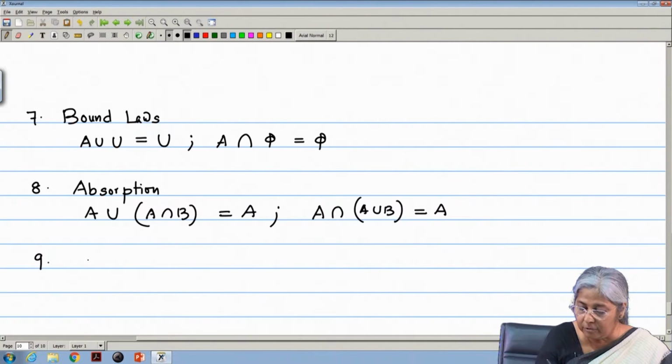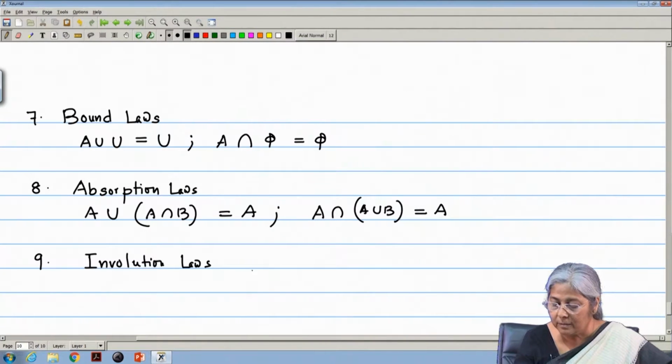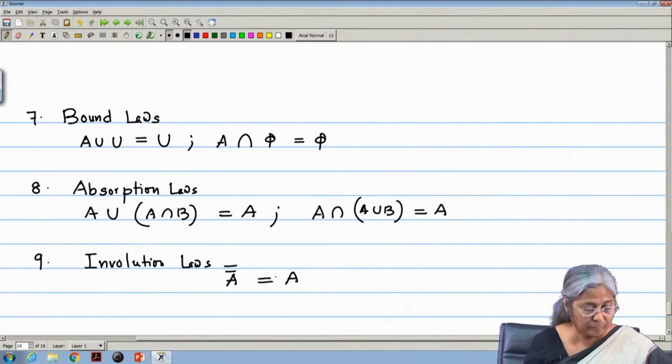Now, involution. If we take the double negation or complement of a set, that means the complement of the complement, that is the set itself.